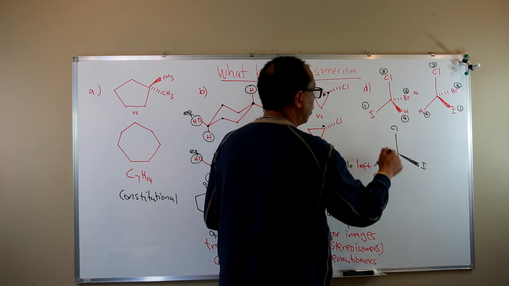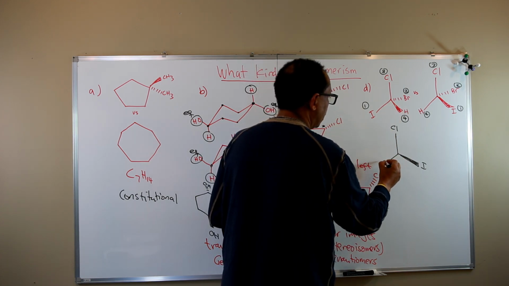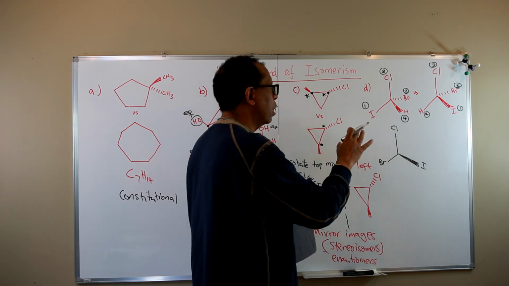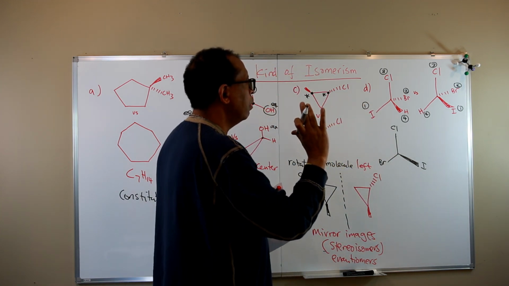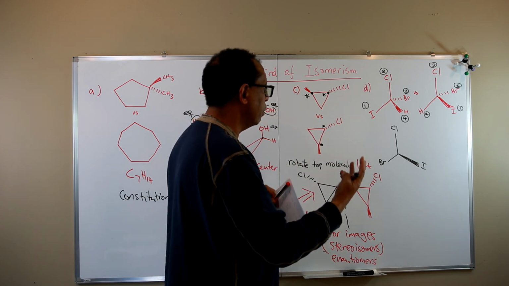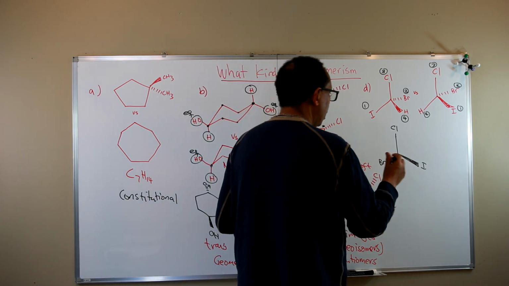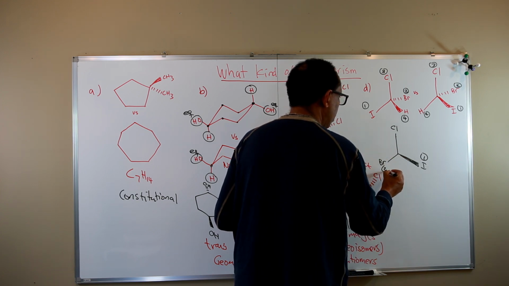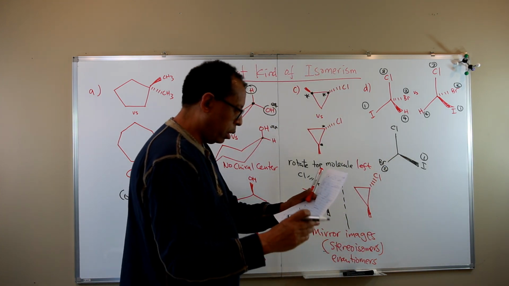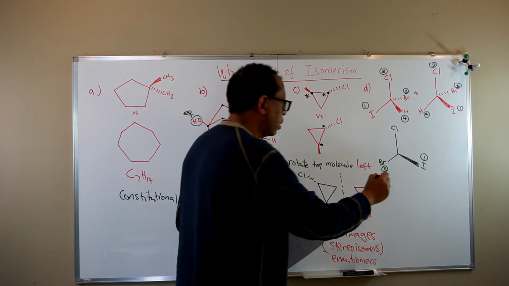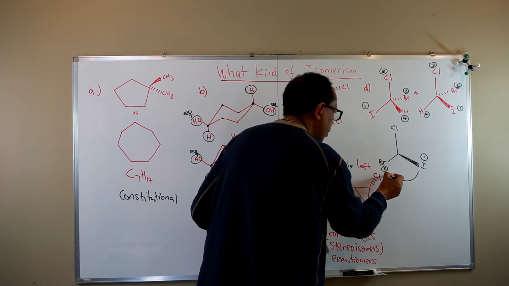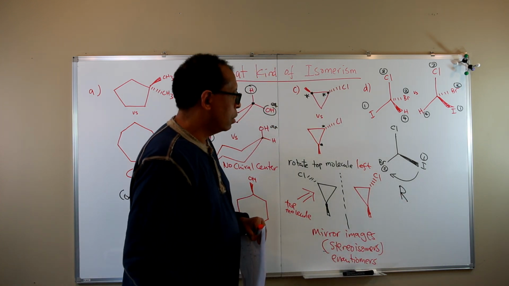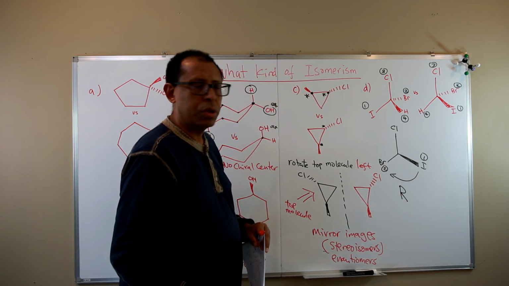And bromine would be here. But remember, hydrogen is already moved inside to the plane of the board. So this is 1 and this is 2. So when we just rotate, this is clockwise. This is our R configuration. So that would be R configuration.